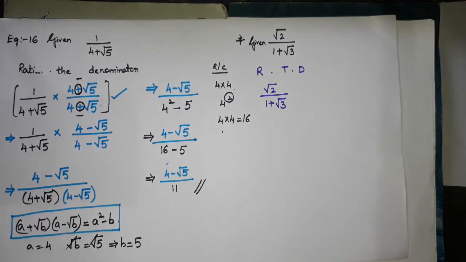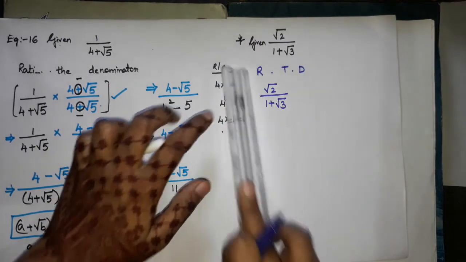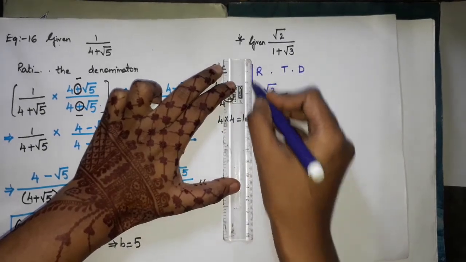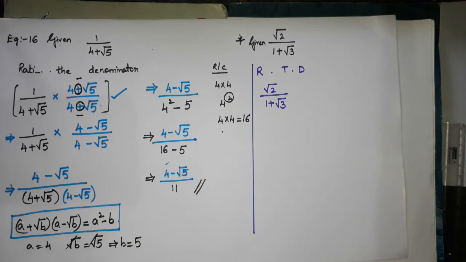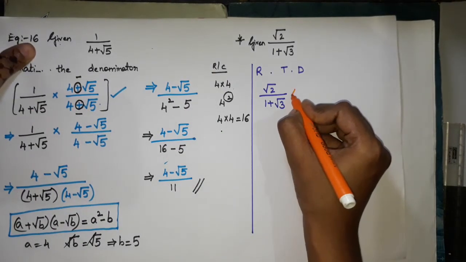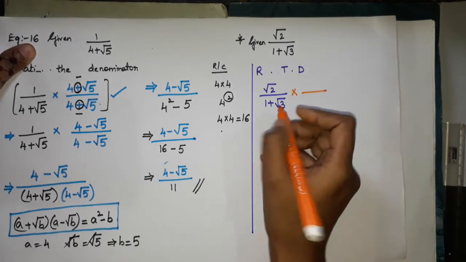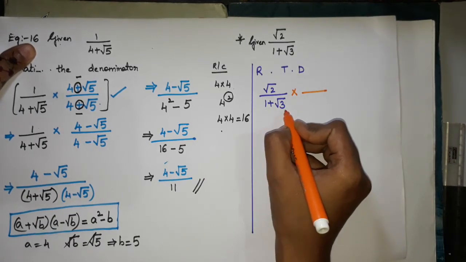First, shall I separate it, children, with the scale? Now, see here. What should we do here? Rationalizing the denominator means first multiply and divide. What is the denominator? 1 plus root 3.